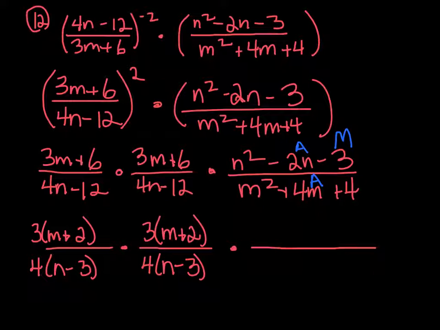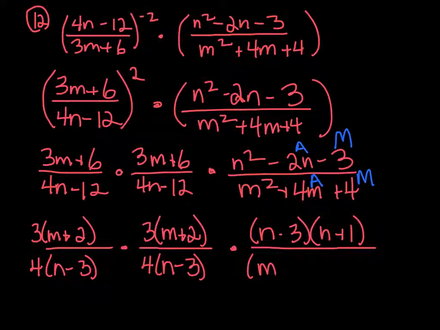What adds to 4 and multiplies to 4. Okay. All right, so let's look at the numerator. So that would give me n minus 3 and n plus 1. Okay, and in the denominator there, I would get m plus 2 and m plus 2.